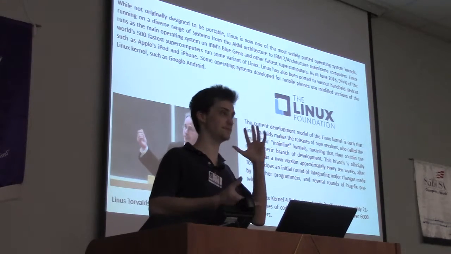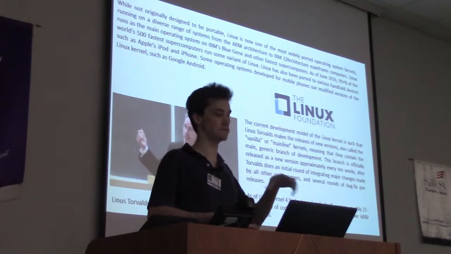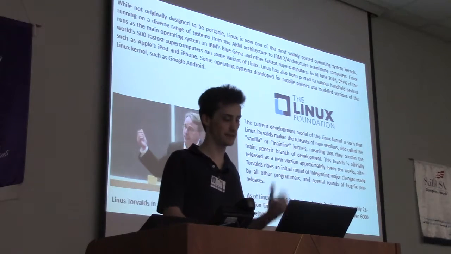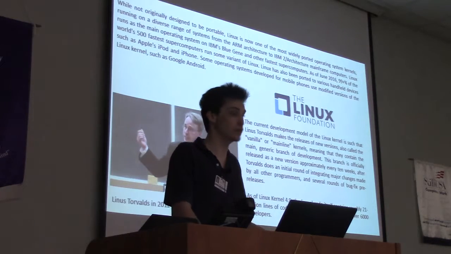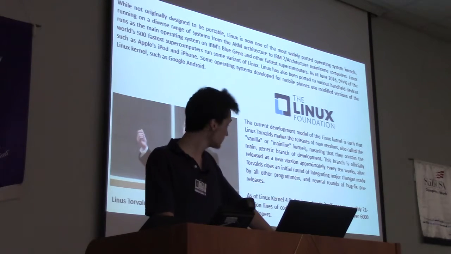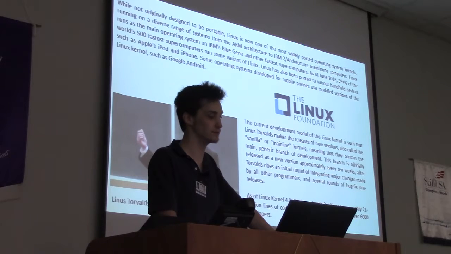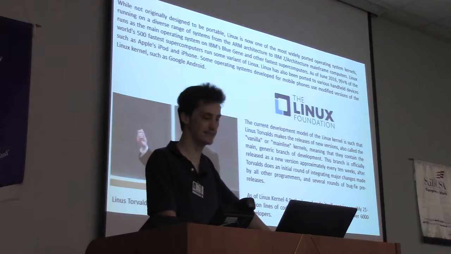So they integrated their changes, their own research and their own development, back into the Linux kernel. And if it's good, it gets integrated and everybody gets it. And that's Linus in 2012, a lot better than the 1991 21-year-old geek that he was before.